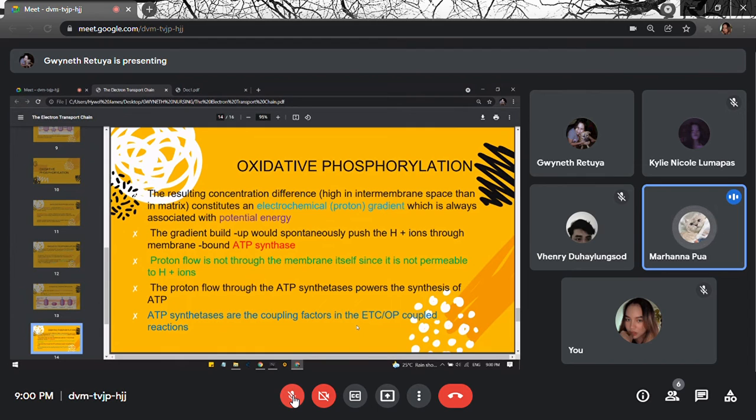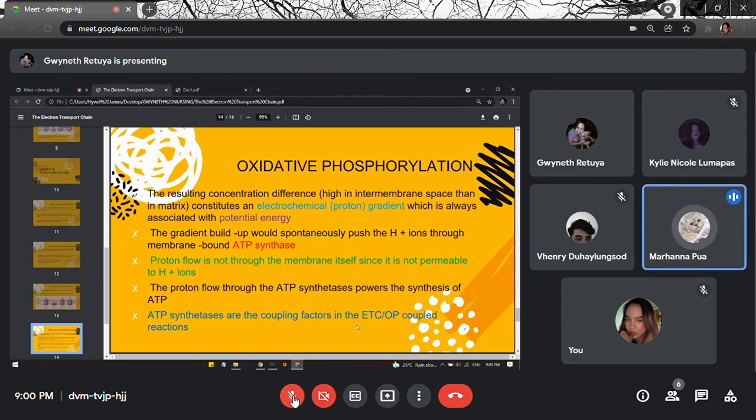The gradient buildup would spontaneously push the H plus ions through the membrane-bound ATP synthase. Proton flow is not through the membrane itself, since it is not permeable to H plus ions. The proton flow through ATP synthase powers the synthesis of ATP. ATP synthase is the coupling factor in the coupled reaction.